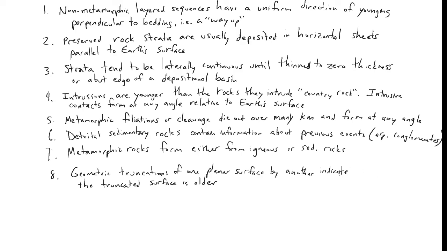So this is kind of like in the cross-bedding example where we have these layers, and then there's some other layers on top. So obviously this stuff that got cut off is older. Partly we know that from our rule about strata, number 3. Strata tend to be laterally continuous. So these layers that we just see suddenly cut off, they wouldn't have formed that way.